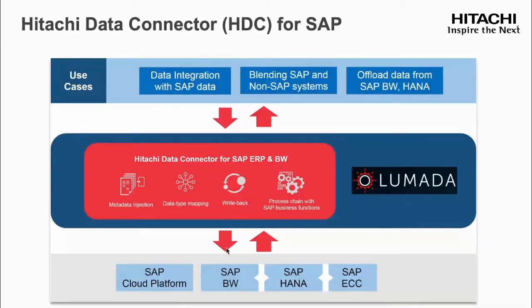This is a connectivity package for Pentaho, which allows us to connect to many SAP systems. So we can easily connect to SAP ECC, HANA, BW, and SAP Cloud Platform. And this enables us to bring SAP data easily to Pentaho.